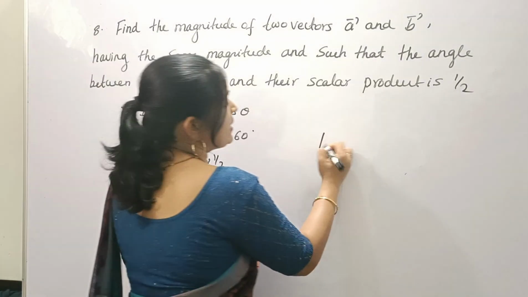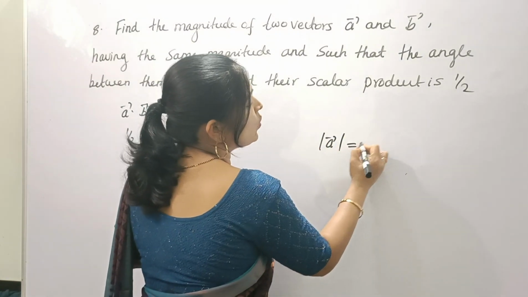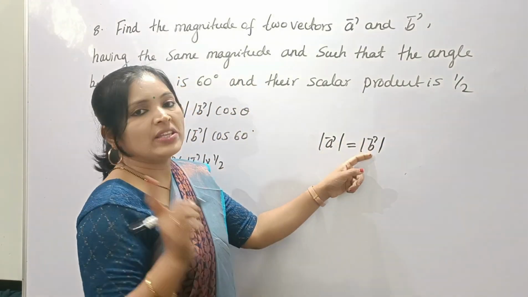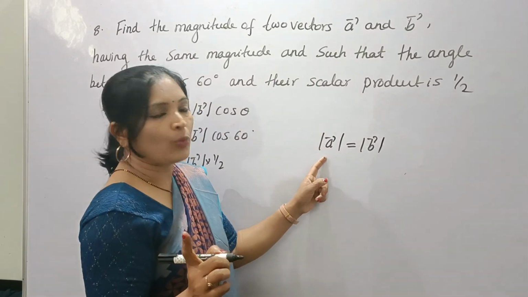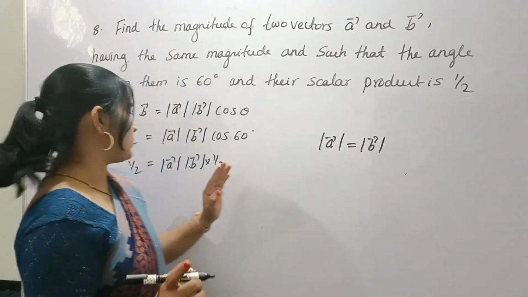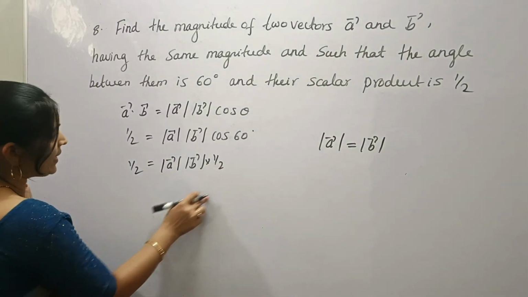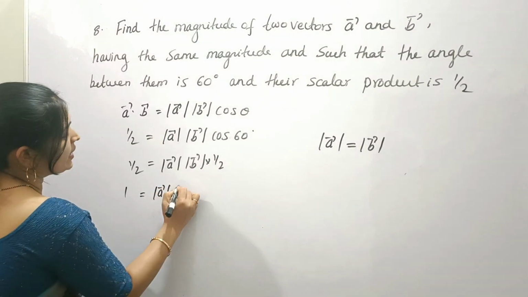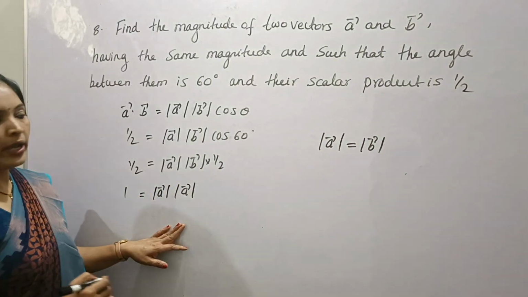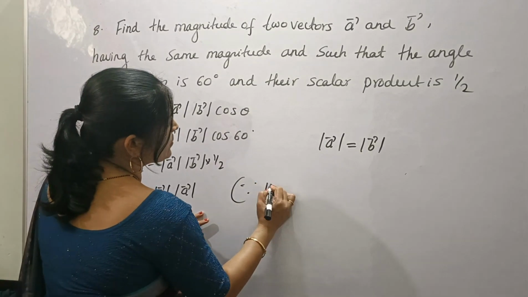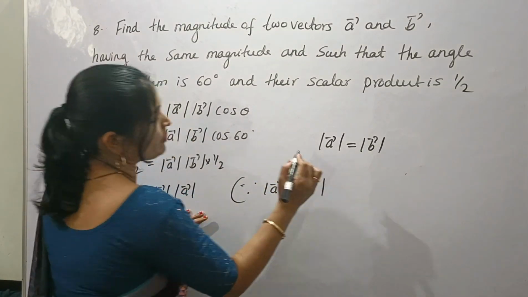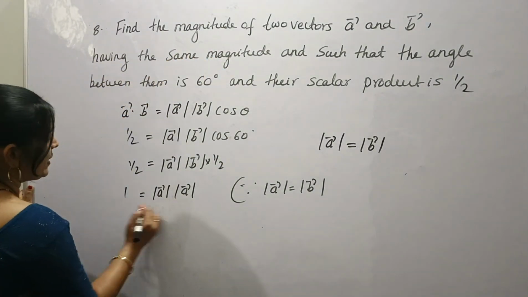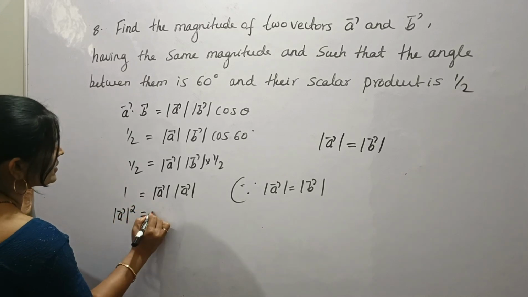That means modulus vector A is equal to modulus vector B. So here we can write, take this 1 by 2 here, so it will be 1, then modulus vector A into modulus vector A, since modulus vector A is equal to modulus vector B. Then modulus vector A square is equal to 1.